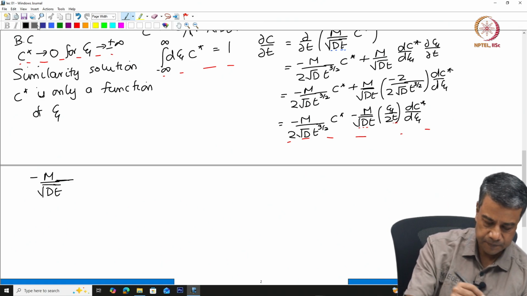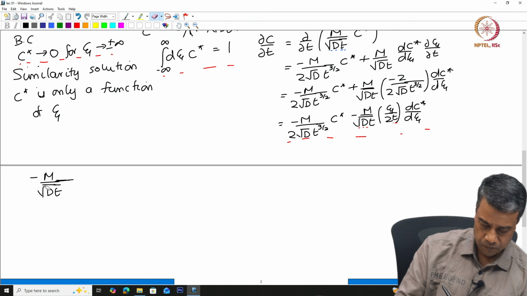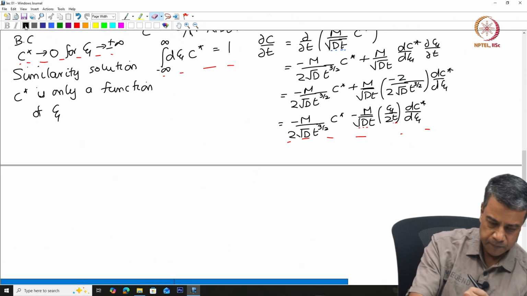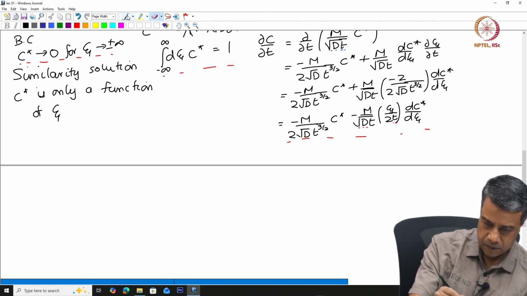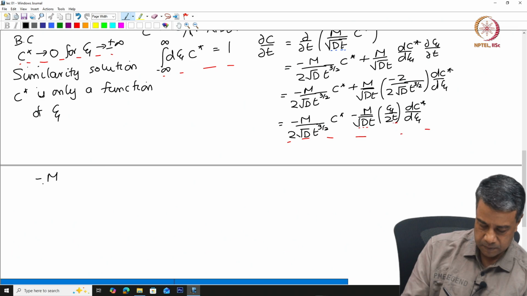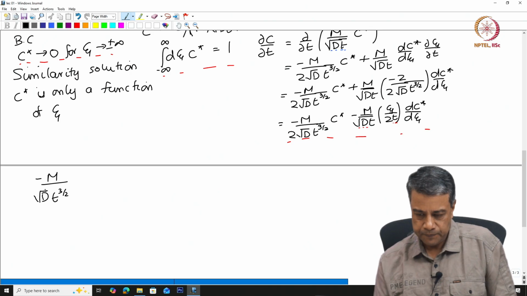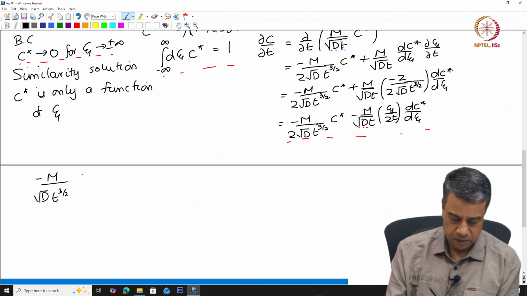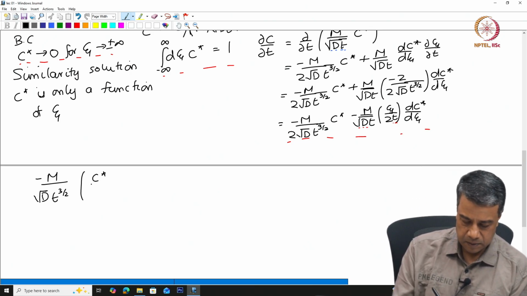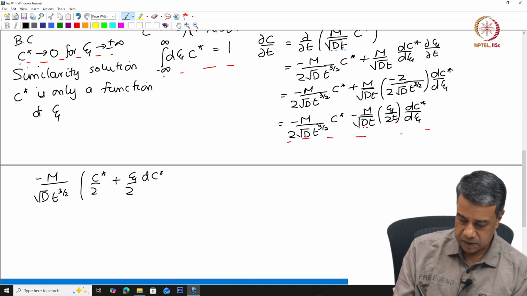So, minus m by root D t power 3 halves into C star by 2 plus psi by 2 dC star by d psi.